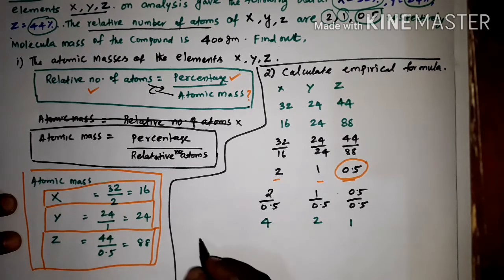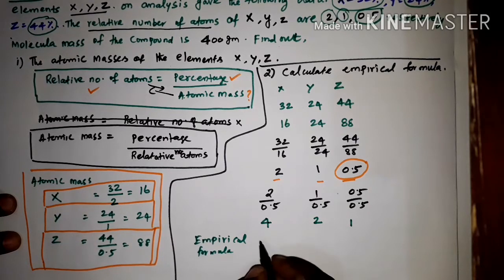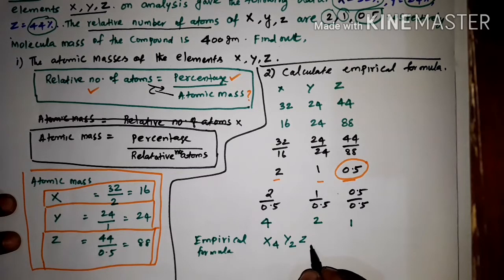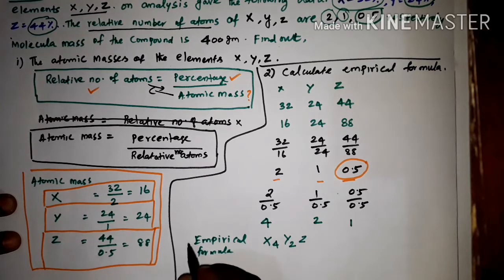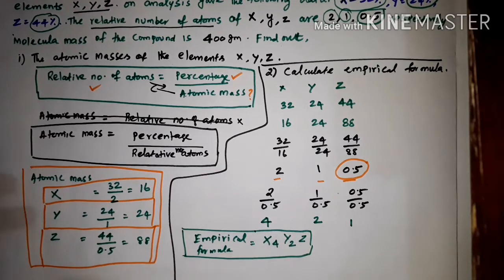Now the empirical formula equals X4 Y2 Z1. If 1 comes, no need to write it. Clear? Okay.